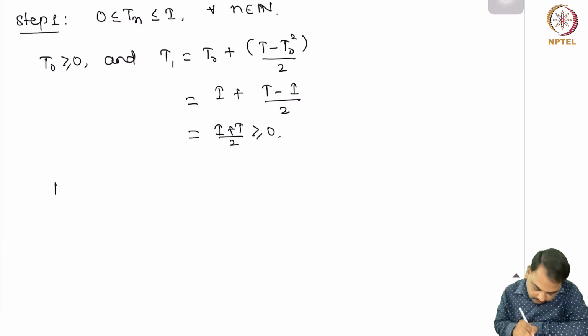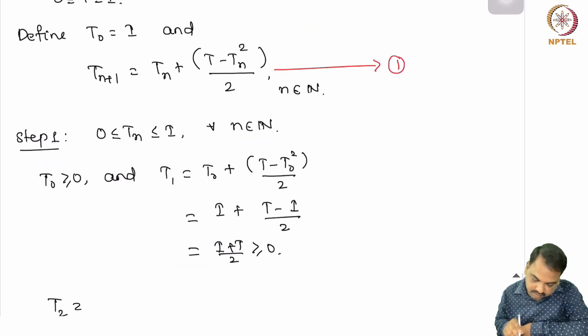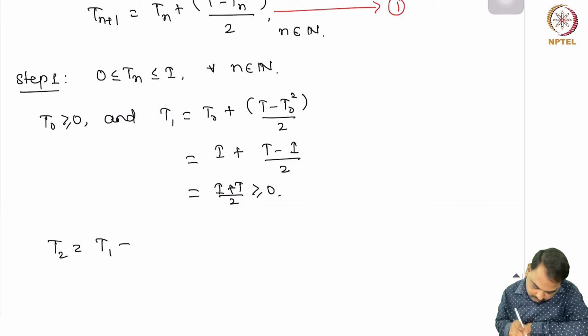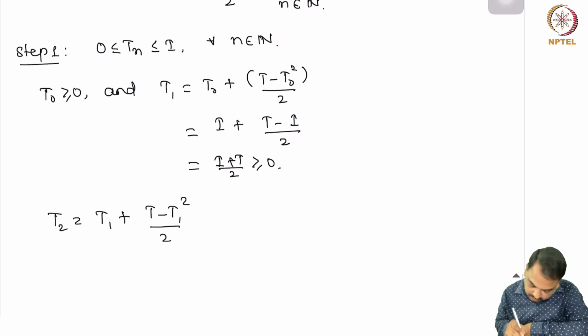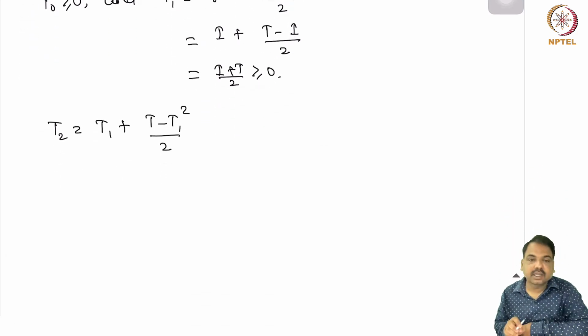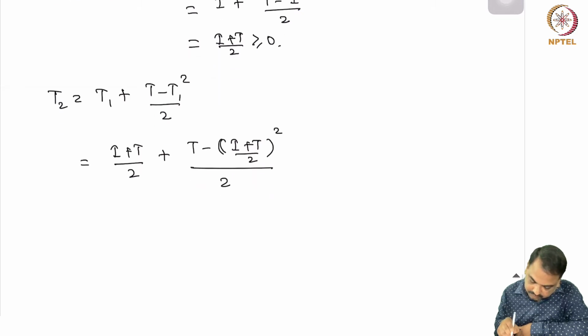Now if you look at T2, by definition T2 is T1 plus (T minus T1 square) by 2, but we know that T1 is (I plus T) by 2, which is positive, so we can write this as (I plus T) by 2 plus (T minus ((I plus T) by 2) whole square) divided by 2.